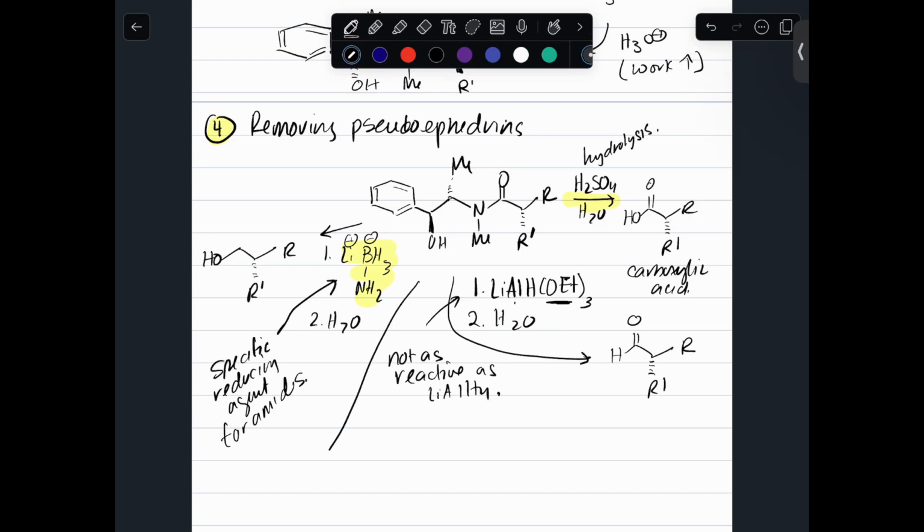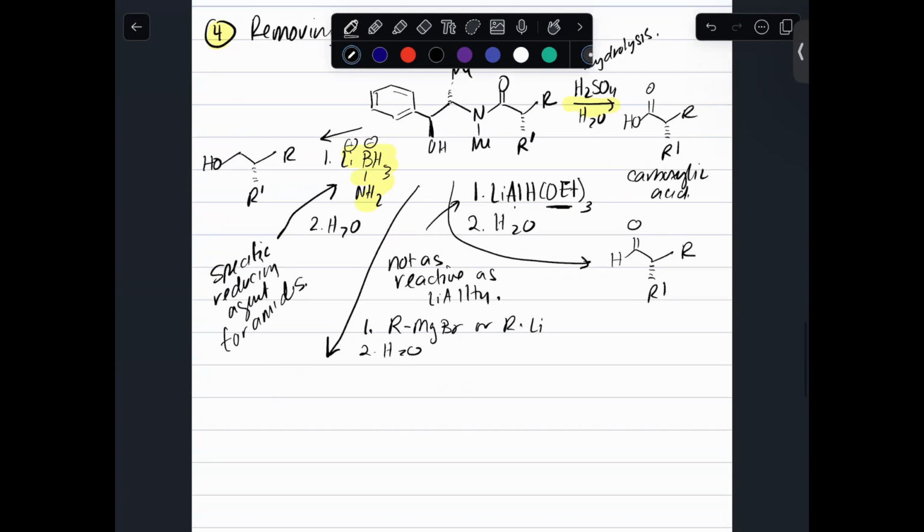And then finally, you can also use Grignard reagents or alkyllithium reagents and form ketones. So, Dr. Lucero, why can we form ketones with this?